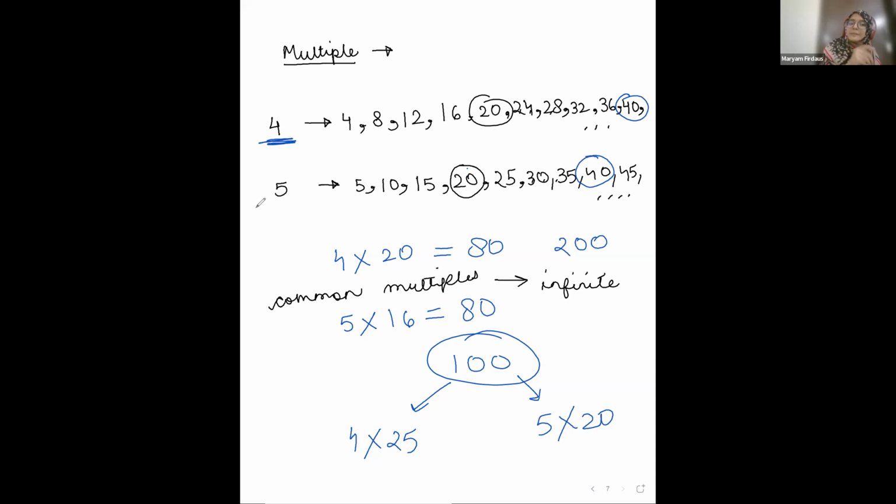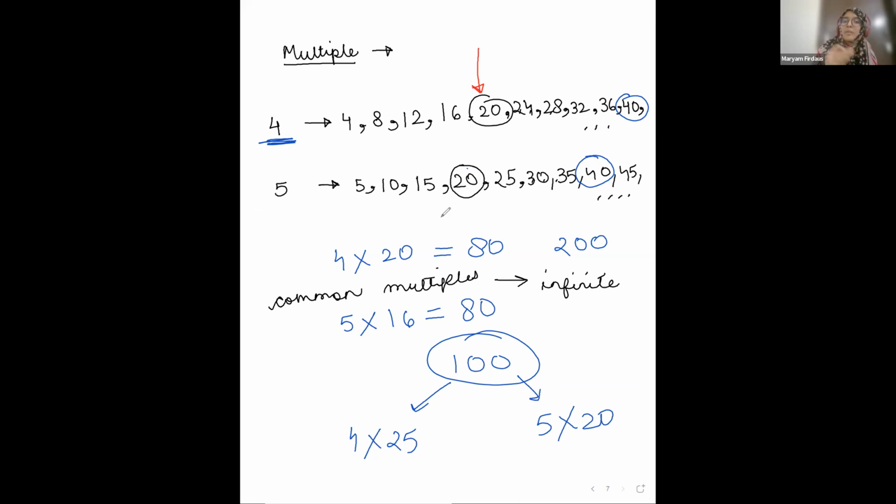The common multiples are a lot. They are infinite. But there is one common multiple which we can say is the least, the lowest, the smallest one, right? When you are talking about the common multiples, which multiple is coming first? 20.